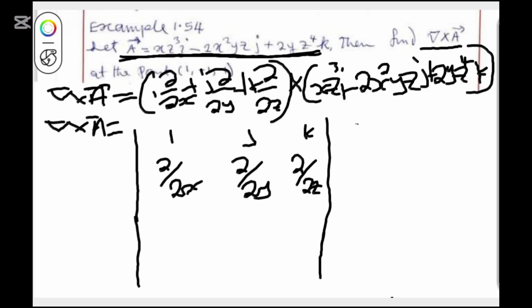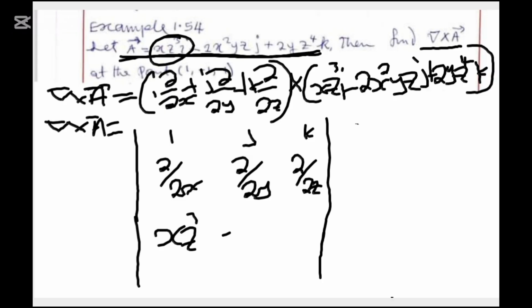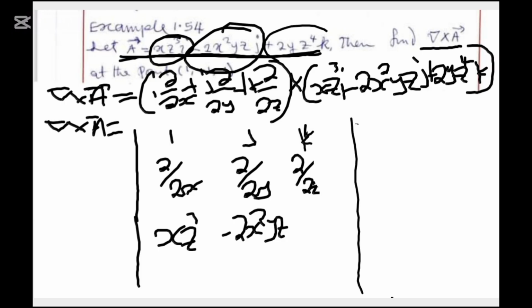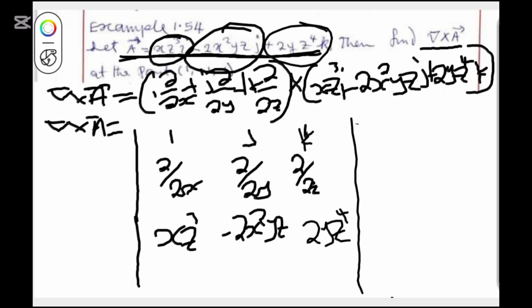Then I have xz cubed, which is this, and also minus 2x squared yz, which is this, and then 2yz to the power 4.